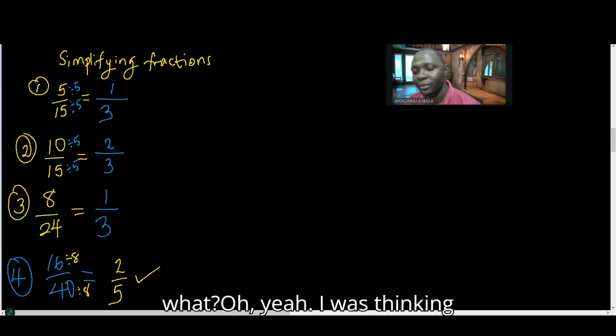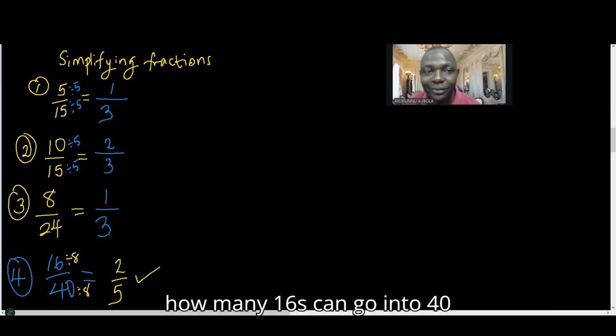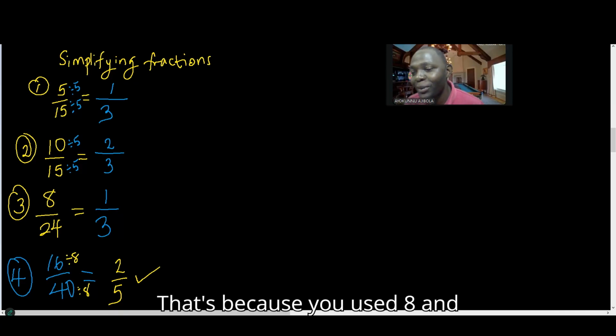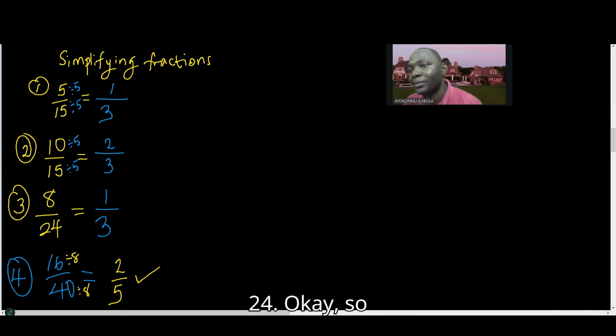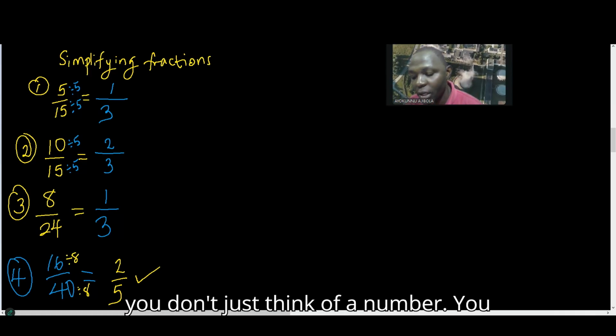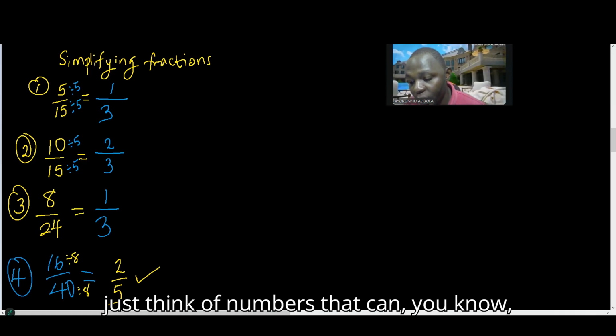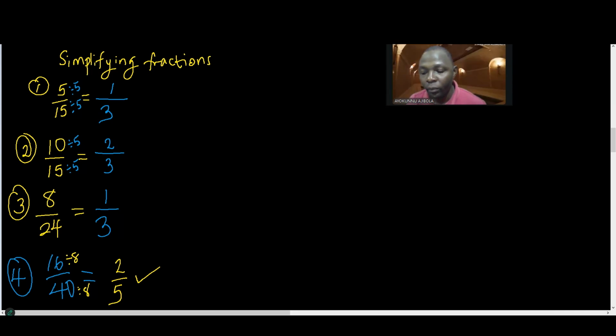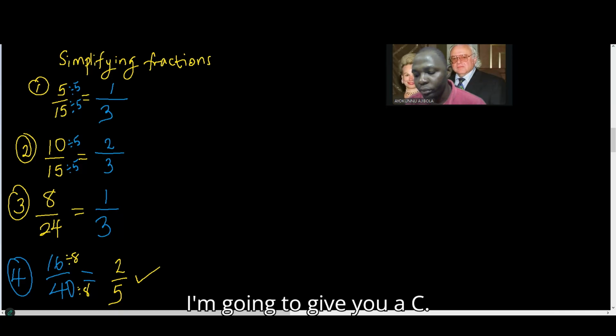I was thinking how many 16s can go into 40. No, that's because you used 8 in 24. So you would just think of a number that can divide them.